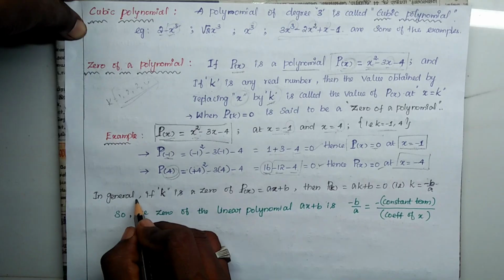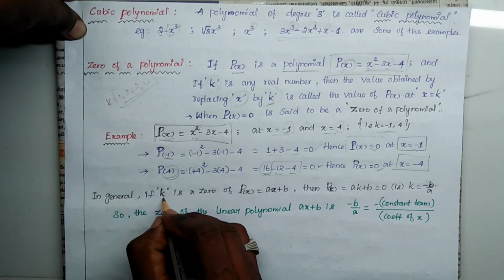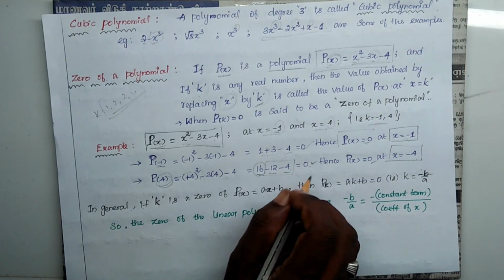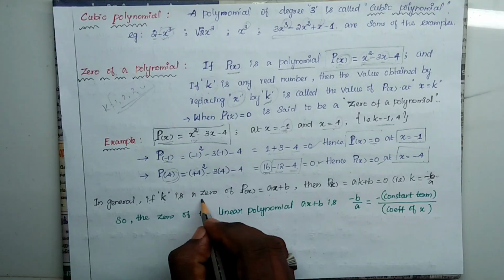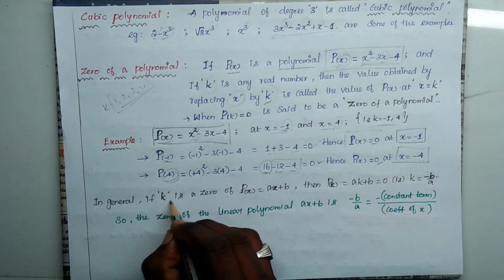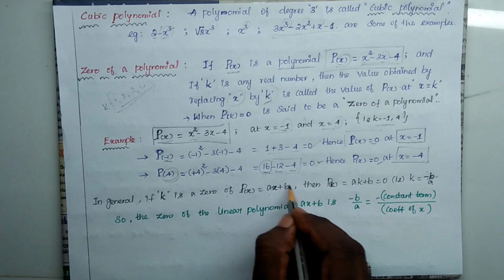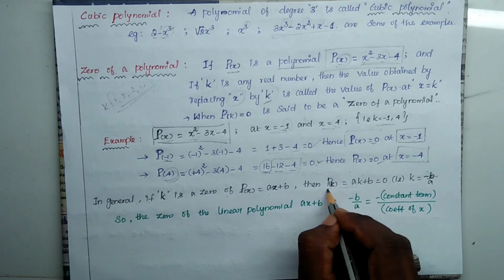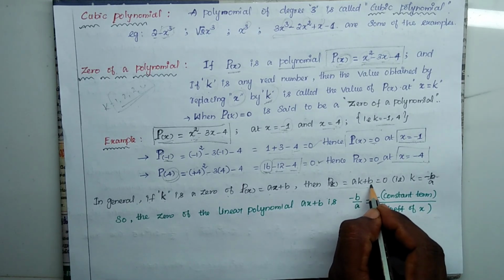So generally, what we are saying is, if k is a zero of p of x is equal to ax plus b, what does that mean? K is a zero of p of x means for k we are substituting some values. If we apply x is equal to k, this equation will become ak plus b.